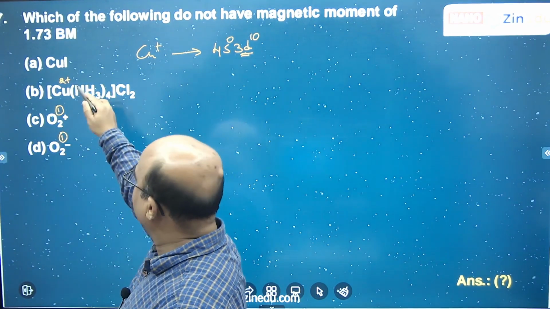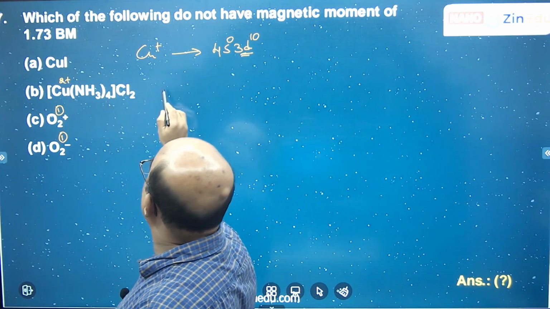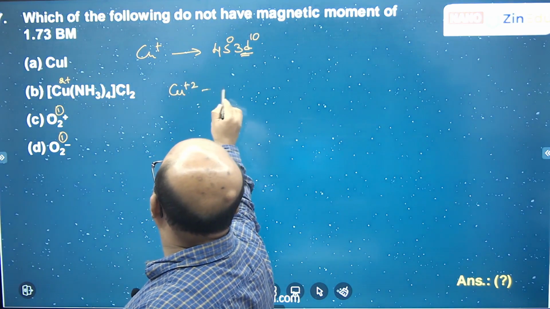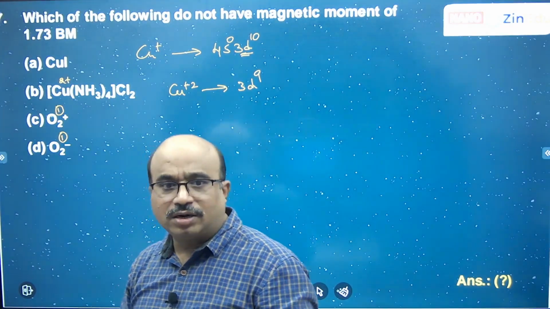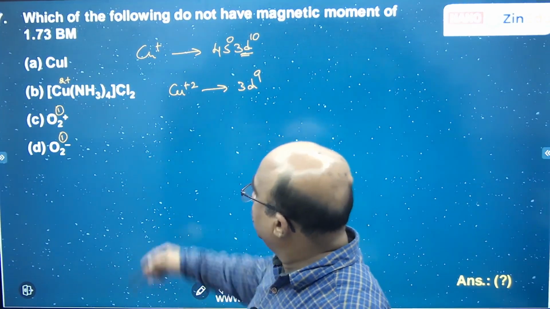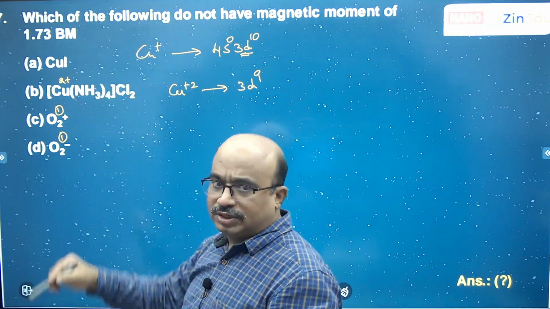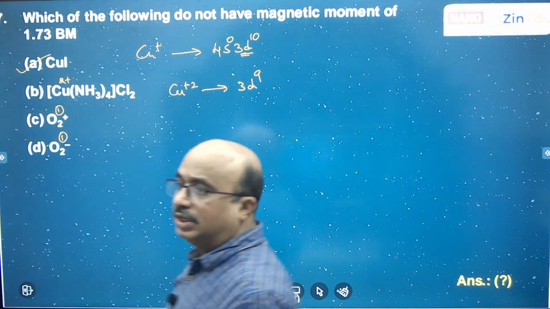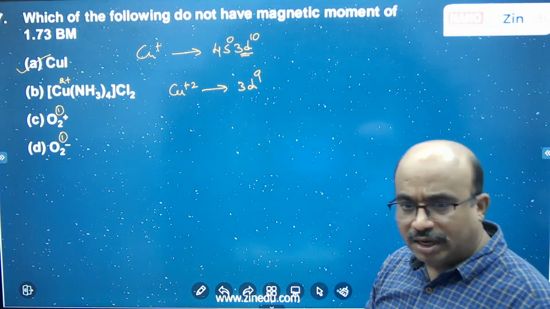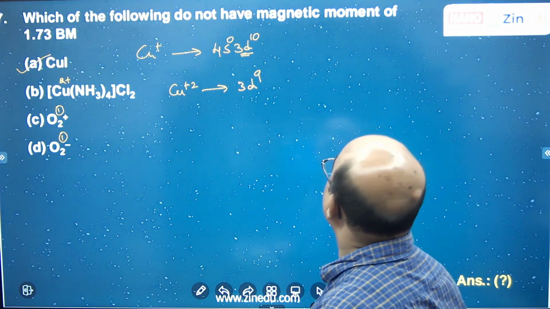Copper plus 2 will have d9 configuration, so it is also having 1 unpaired electron. So, all the 3 will have 1 unpaired electron, whereas copper plus has no unpaired electron. It does not possess any magnetic value.